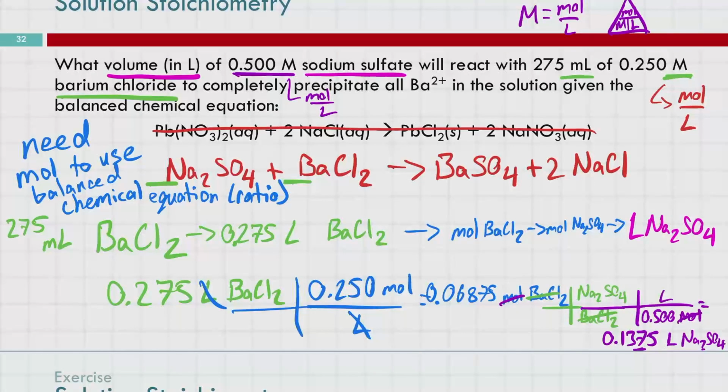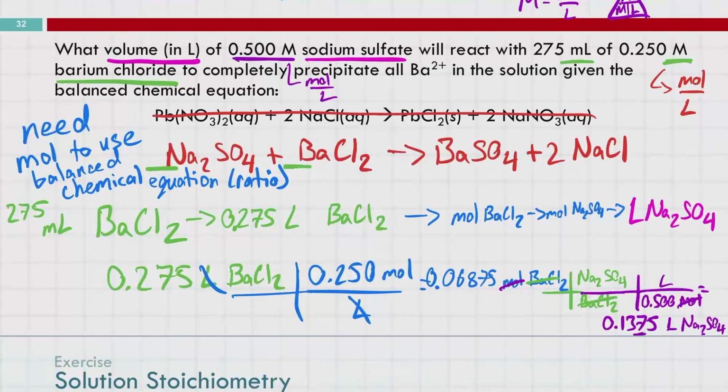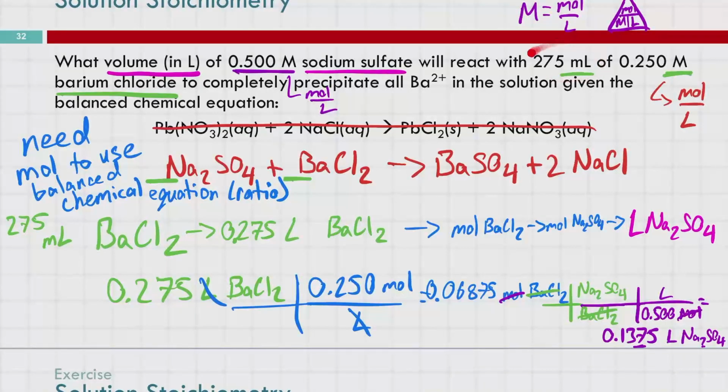This is something that you shouldn't do, I'm showing this to you as a warning. Word of caution, danger. If we make this 275 milliliters our V1, if we make this molarity our M1, and if we make this molarity our M2, we can find this volume with M1V1 equals M2V2. This is illegal. Do not try this on the final exam.